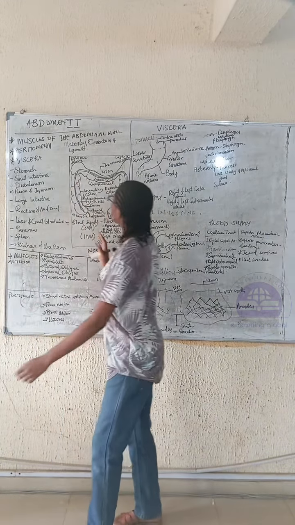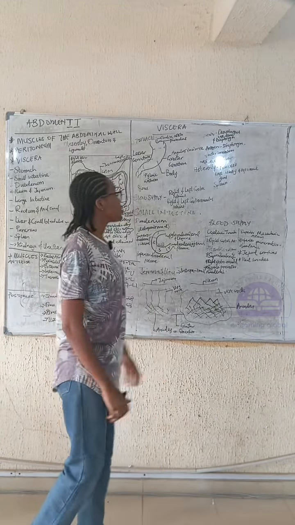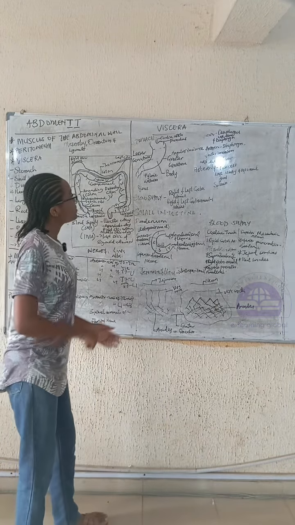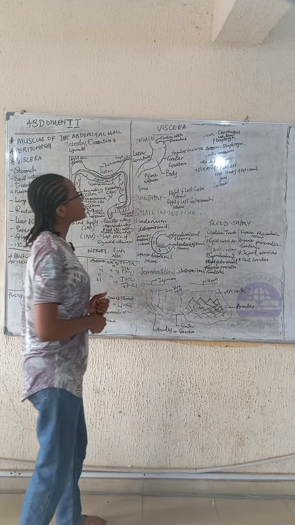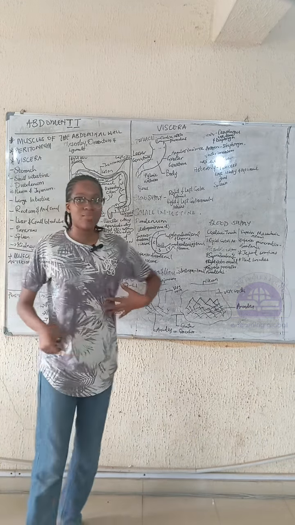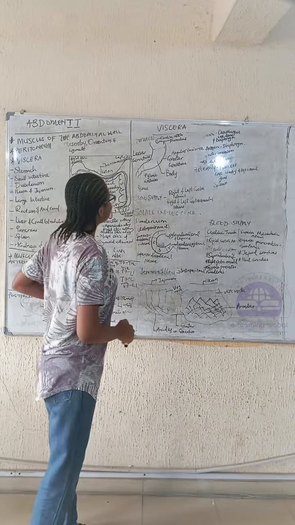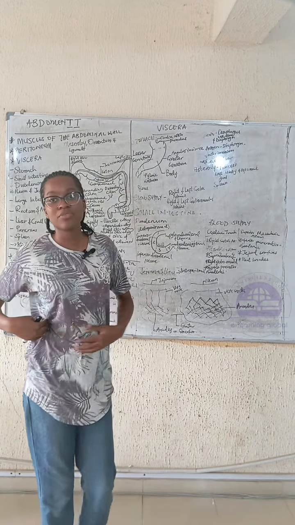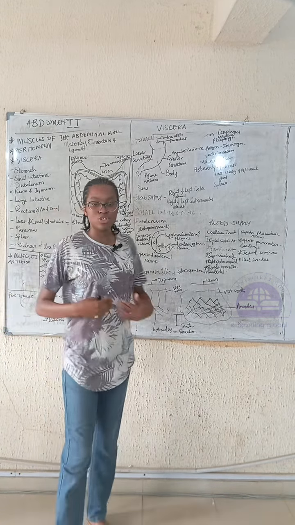So let's quickly look at, we're going to start with the stomach, of course. The stomach is a continuation of the esophagus. It is located in the epigastric region, and also in parts of the left hypochondriac region. The lesser curvature of the stomach points towards the right, while the greater curvature points towards the left.